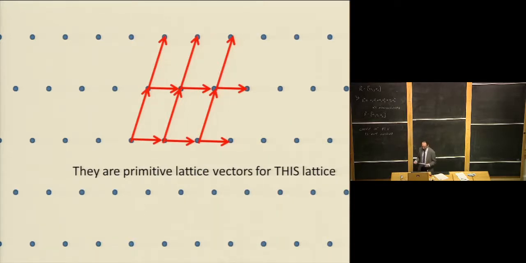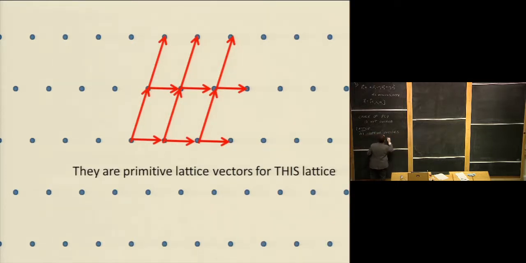Every year. OK, so a second definition of a lattice, sort of equivalent definition of a lattice, this is B, is that it is a set of vectors such that addition of 2 gives a third.